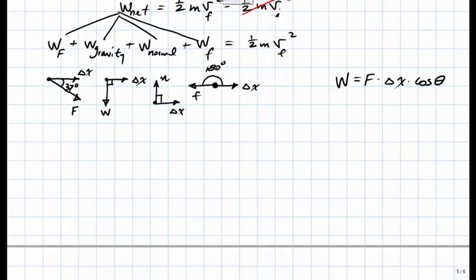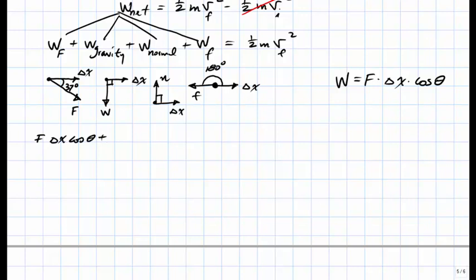We'll now apply this equation to expand the work that we designated beneath the work-energy theorem. So the first work that has to be expanded is the work done by the student who's applying a force termed F. That work is represented by F delta x cosine of theta.